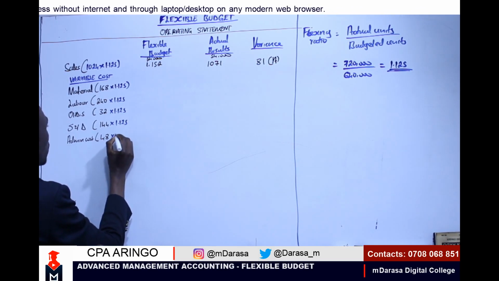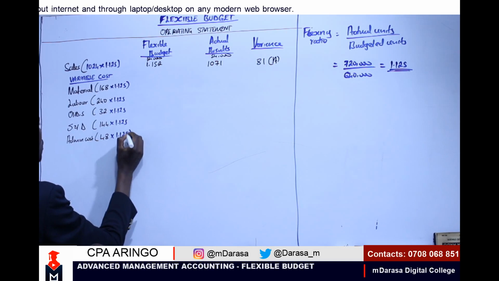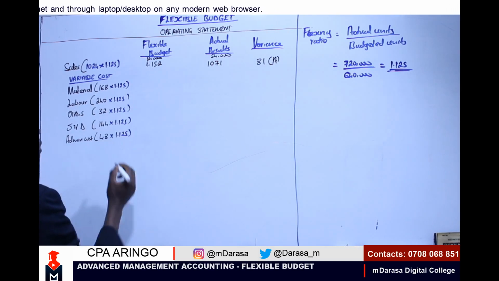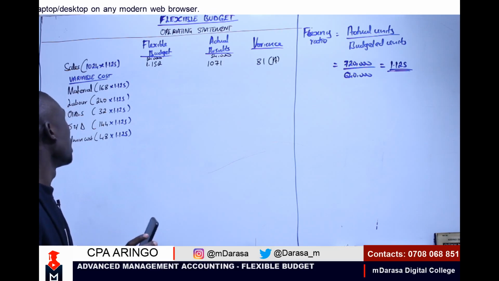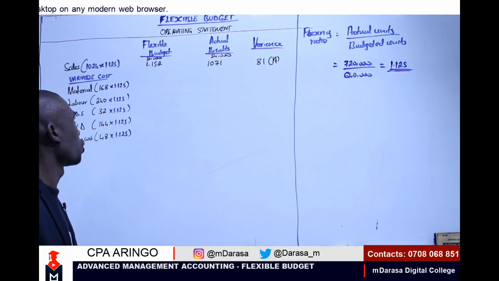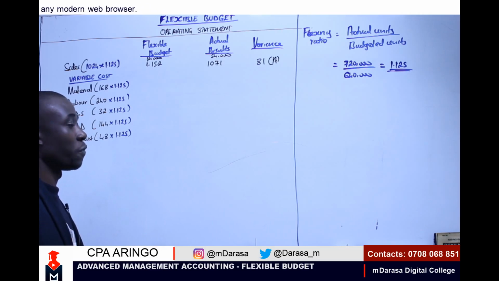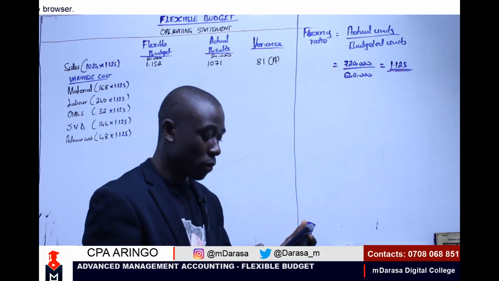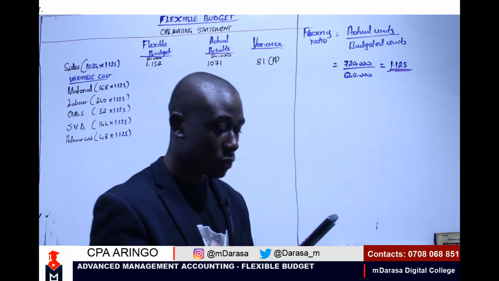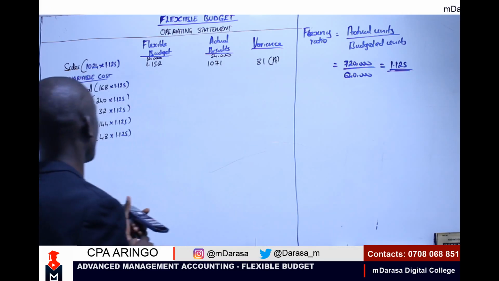Having our data there, our flexible budget in relation to the aspect of variable cost, we should be talking of how much? The first point, I'm going to take 168, we multiply by 1.125 to give us 189.